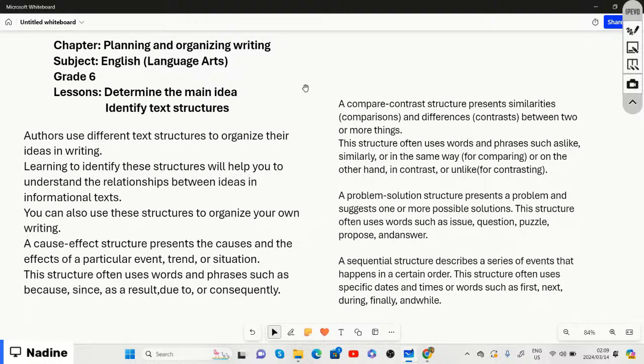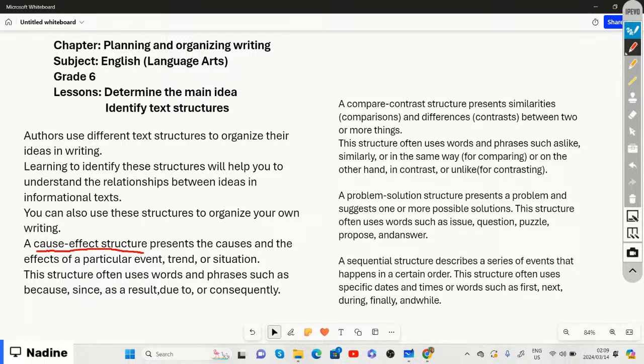So we have different types of structures. We have a cause-effect structure, which presents the causes as well as the effects of a particular event, trend, or situation.